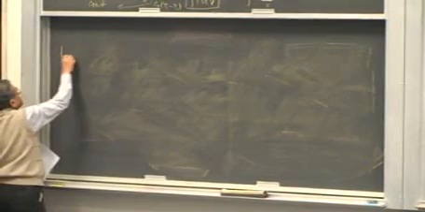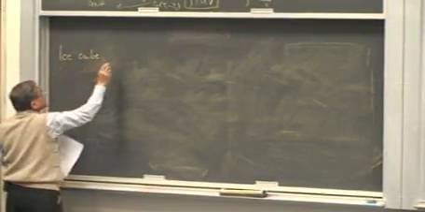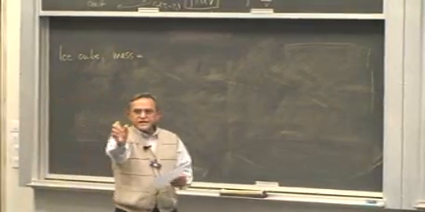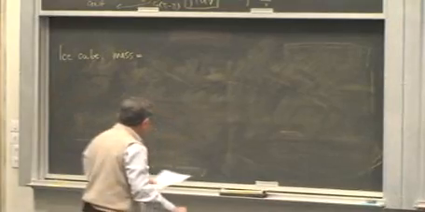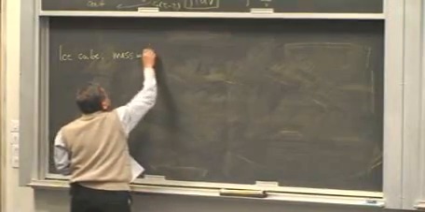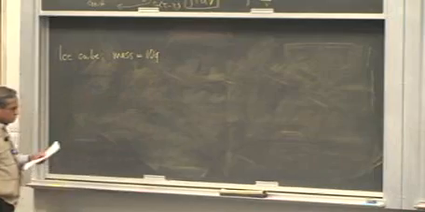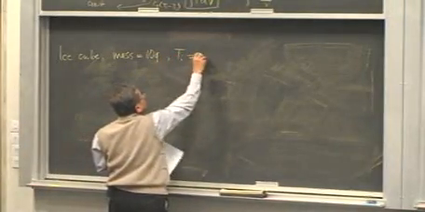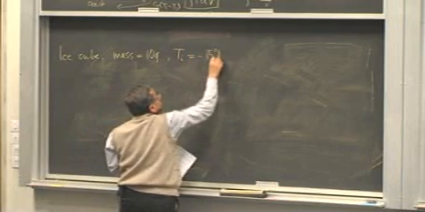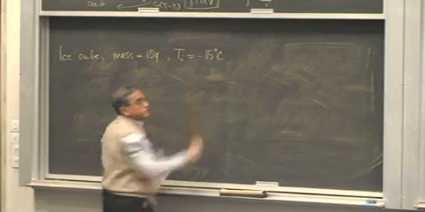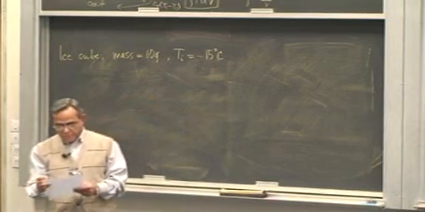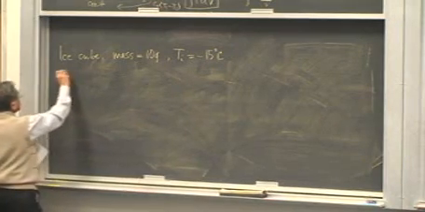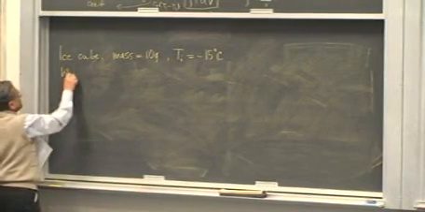So, ice cube, let's take mass equal to what? Usually about 10 grams for an ice cube. Okay, about 10 grams. Say initially at temperature equal to minus 15 degrees centigrade. And we drop it into warm water.